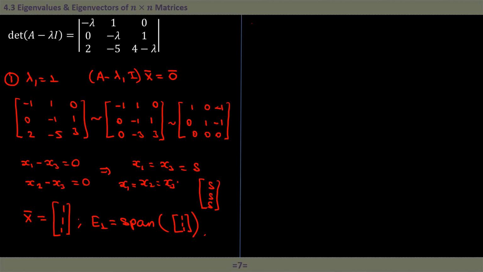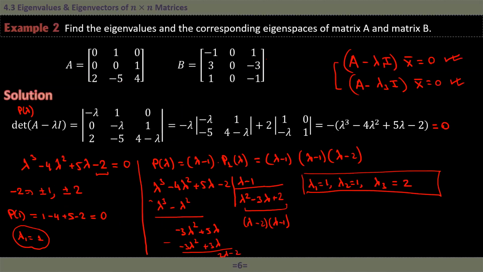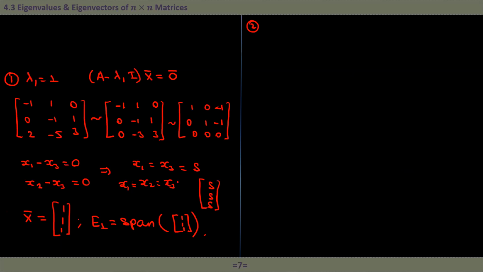Now the second case is, what is our lambda 2? If you remember, that is what we got here, 2, right? So here we have lambda 2 is equal to 2. So now again, if you just substitute here, what do we get?